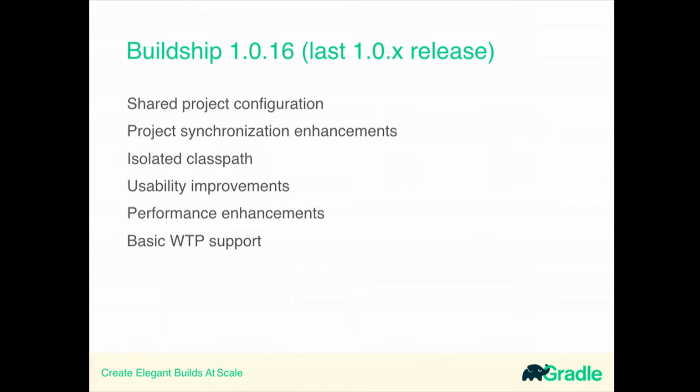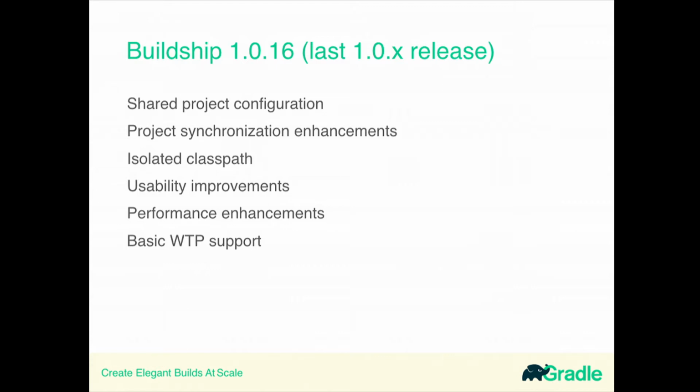And also an important aspect is the performance. We spent quite a bit of time on improving the performance, especially around the import. There was a lot of progress logging, etc., that really slowed things down unnecessarily. And we'll also see an example of how fast it is now to import a really big project into Eclipse.